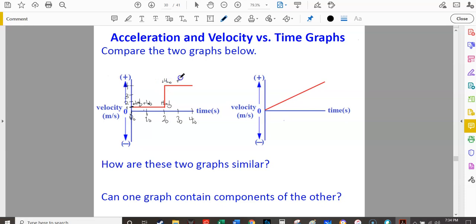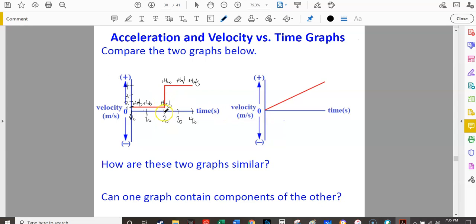If an object starts at positive 1 meter per second, and then ends up moving at positive 4 meters per second, typically they don't do this jerky type of motion. Typically, they're gradually changing, and I'm talking about big objects like people and cars and planes and boats. Typically, they don't instantaneously change, because this is really weird.